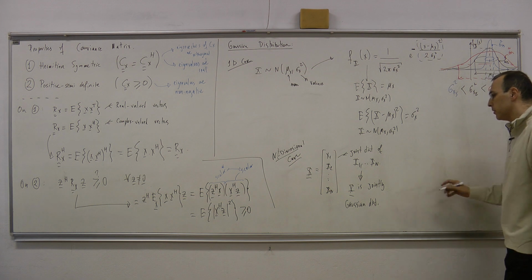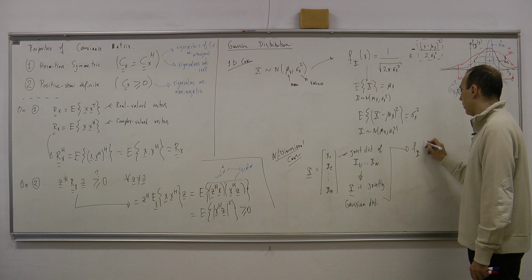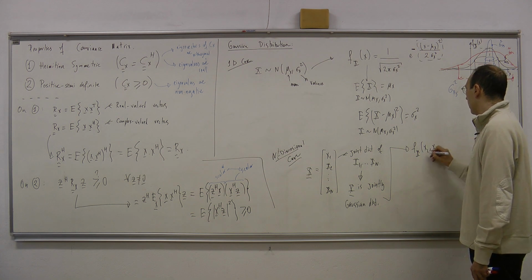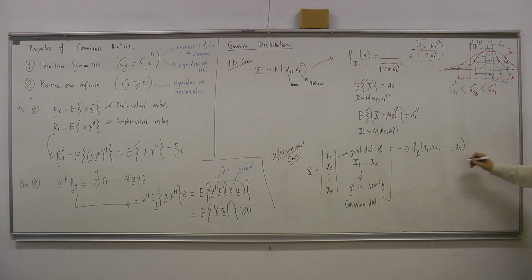What's the meaning of this? If it has such a density, f_X(x1, x2, ..., xn). So how do I write this?